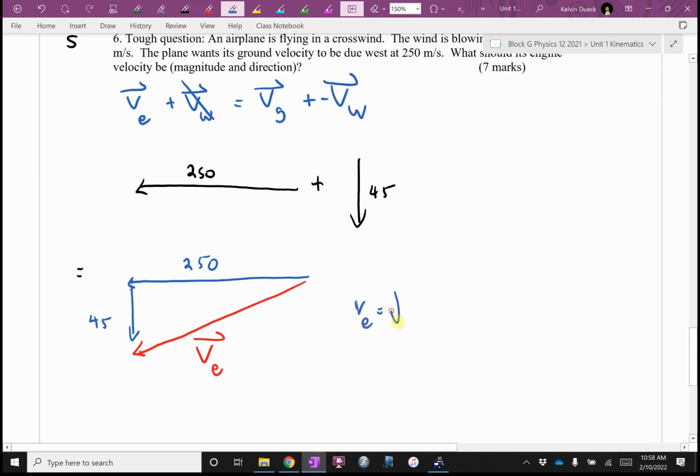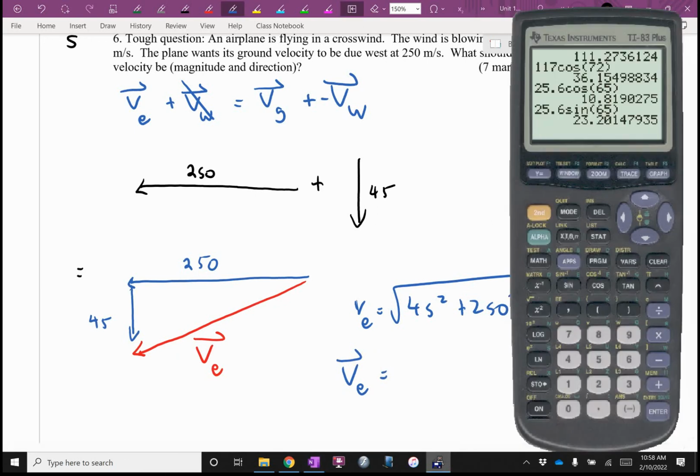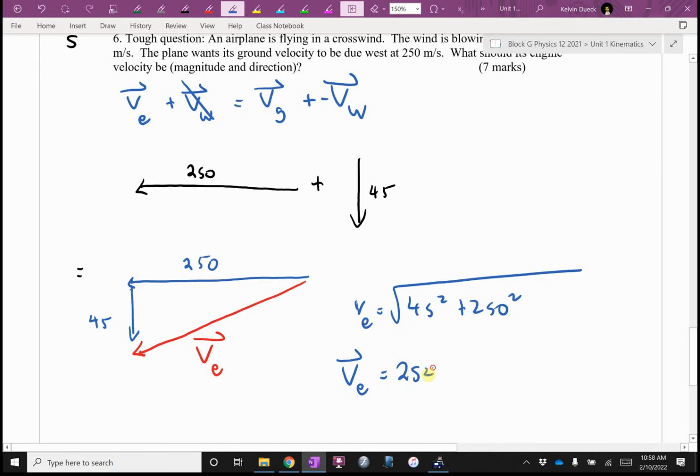The engine is going to be the square root of 45 squared plus 250 squared. 45 squared plus 250 squared, square root. Do you get a magnitude of 254? At, where's theta going to go? Where the vector is originating from.